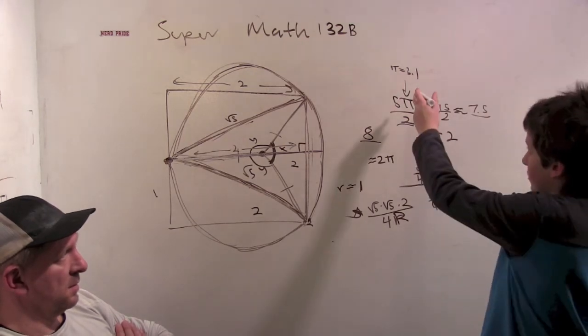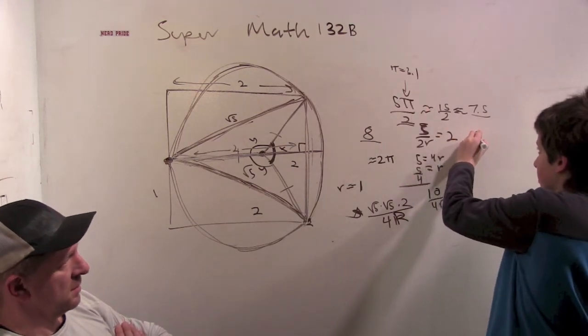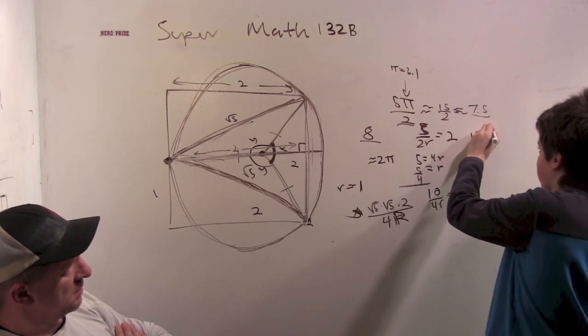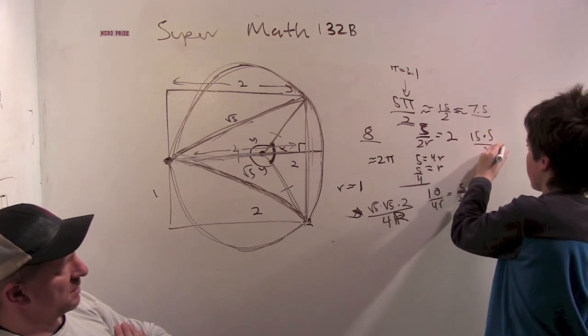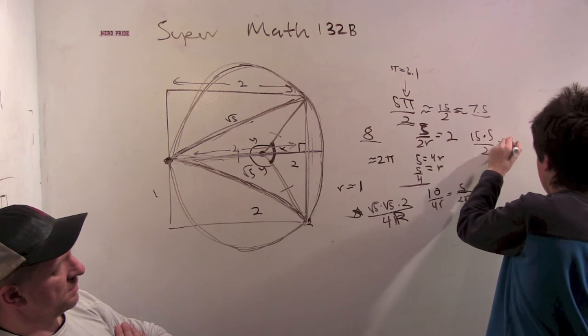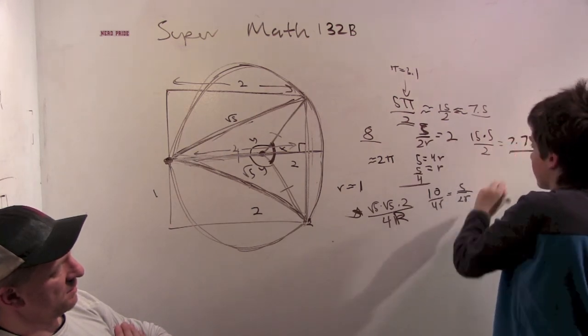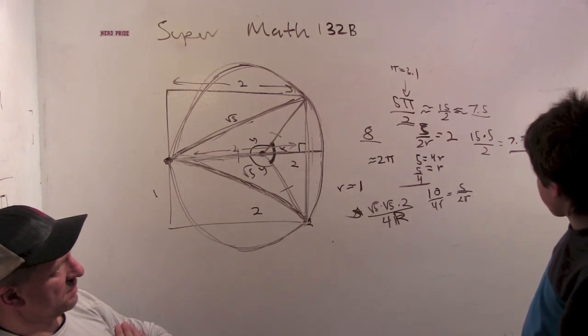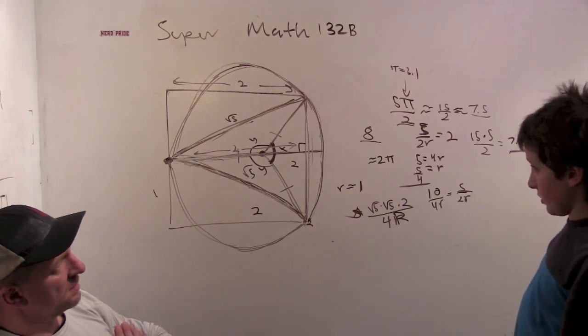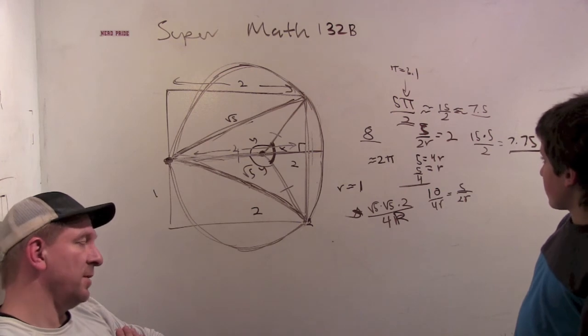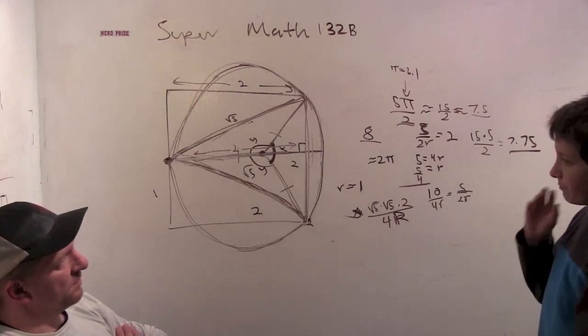It's 15.5 over 2, which is 7.75. But it's bigger still than this. So you got to not round down, is the problem.